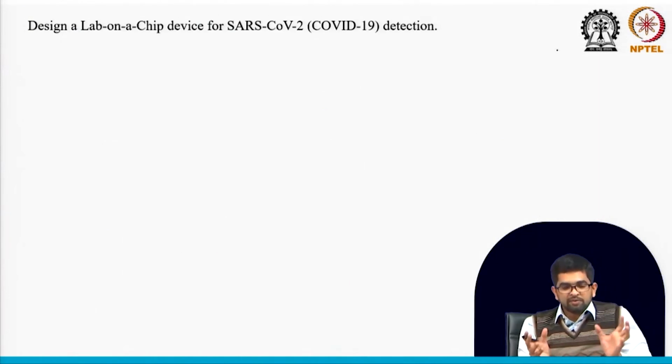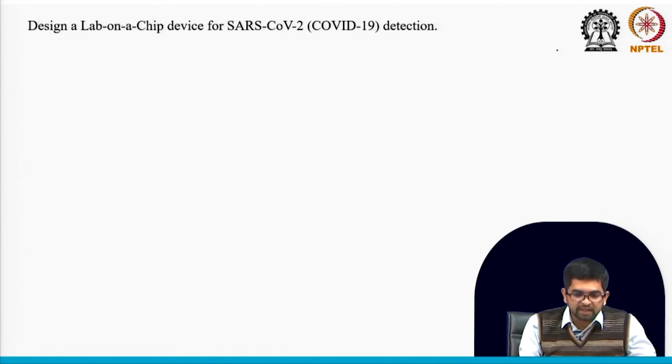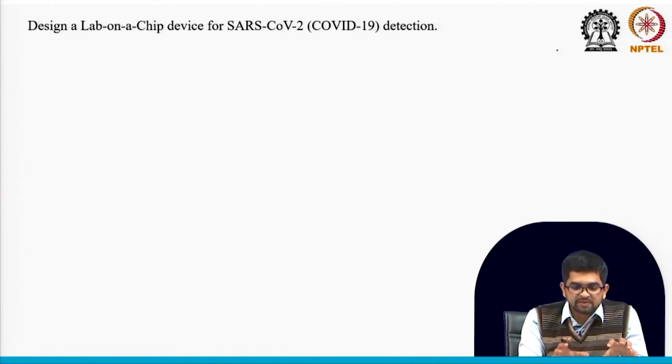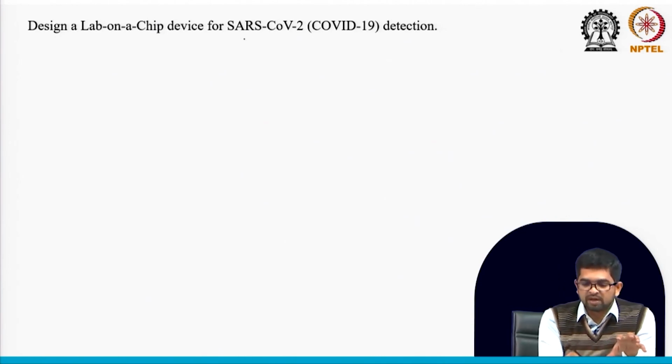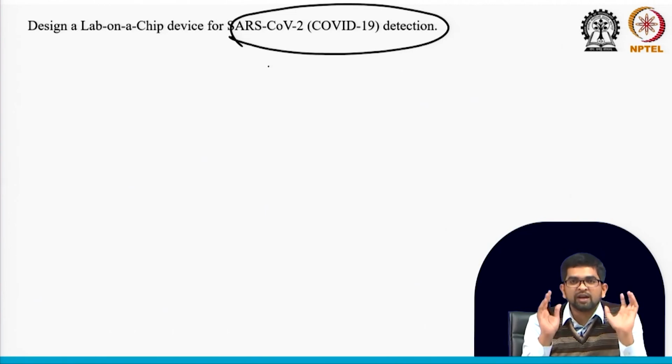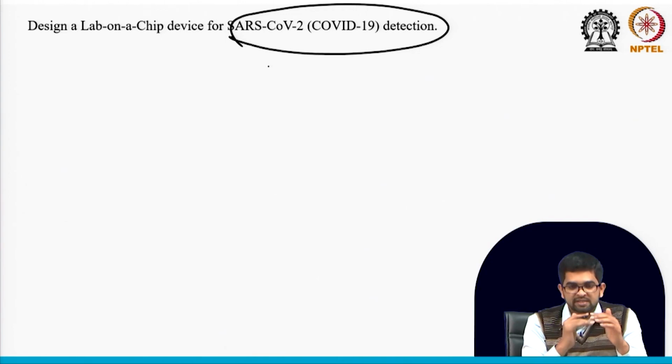Okay, now put all your information together again to design a SARS-CoV-2 detection that is very timely. At this time you want to develop a SARS-CoV-2 detection biosensor. You already know how to design a surface, how to clean the surface, how to make a very good sensor surface, and how to immobilize the antibodies.